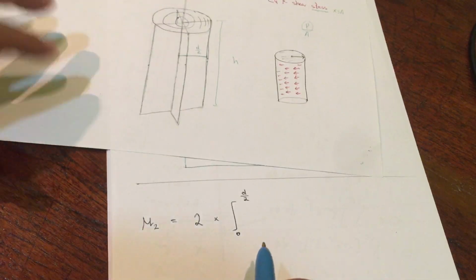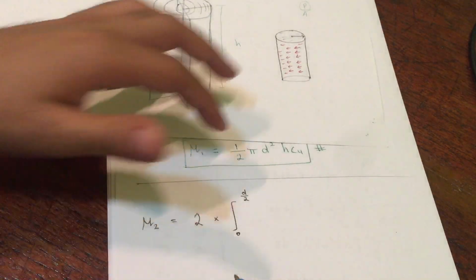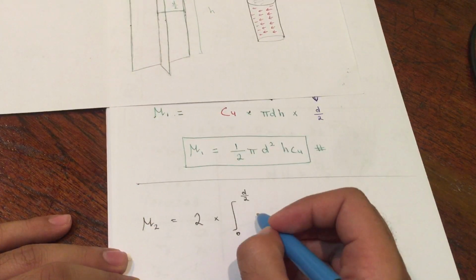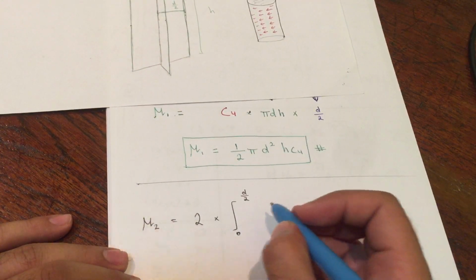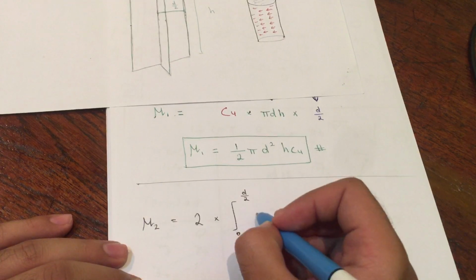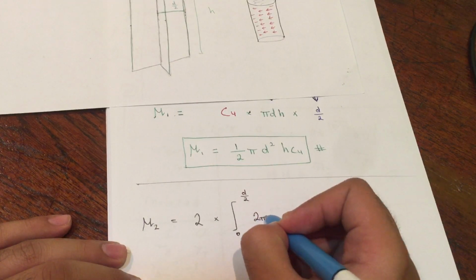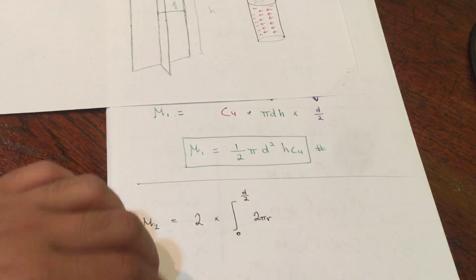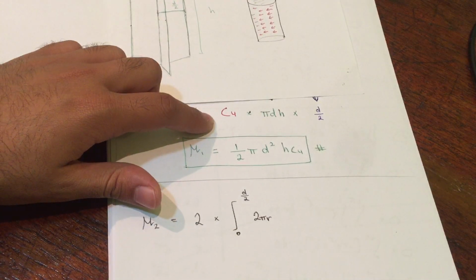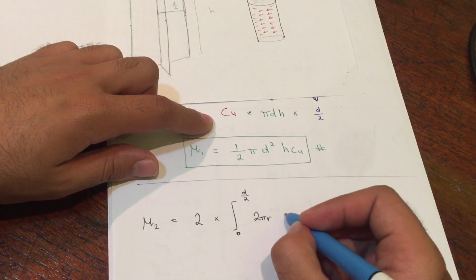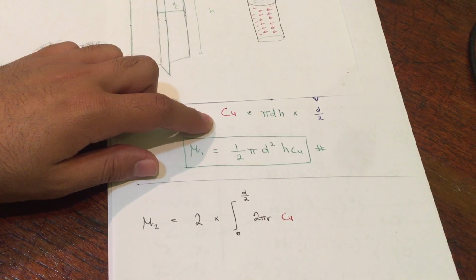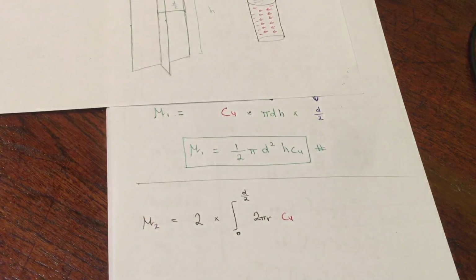So first of all, I'm going to get the same idea from the previous equation. I'm going to get the circumference, which is 2 pi r, times the shear stress, which is Cu, times r, which is the perpendicular distance.